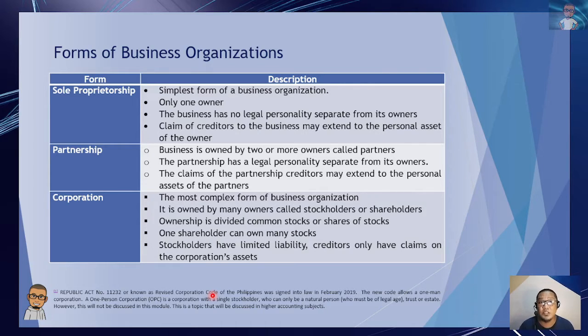Nire-register din siya. Now, sole proprietorships are registered with the Department of Trade and Industry, the DTI. For partnership and for a corporation, they are registered under the Securities and Exchange Commission. Tapos, syempre, andyan yung ibang description pa niya.